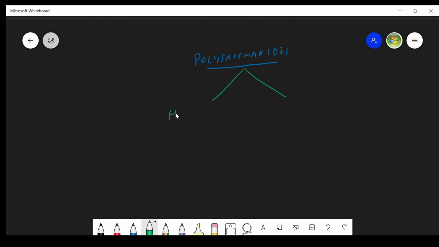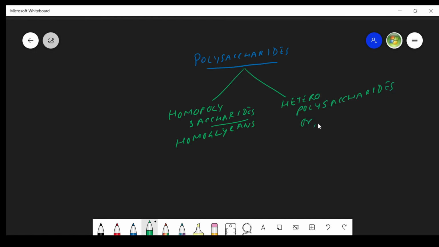One is known as homopolysaccharides or homoglycans, another one is known as heteropolysaccharides or heteroglycans.